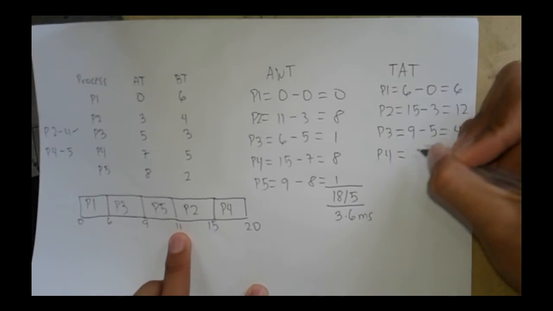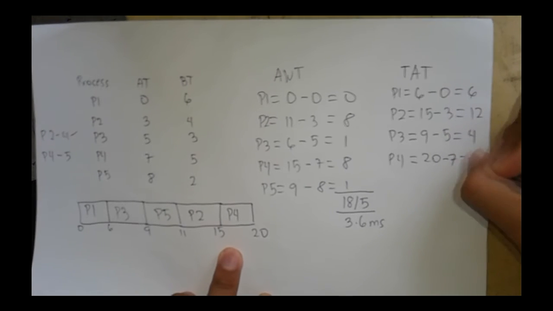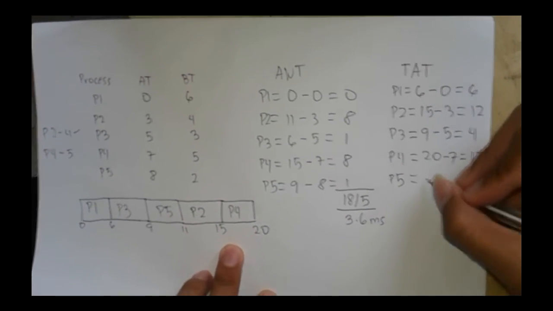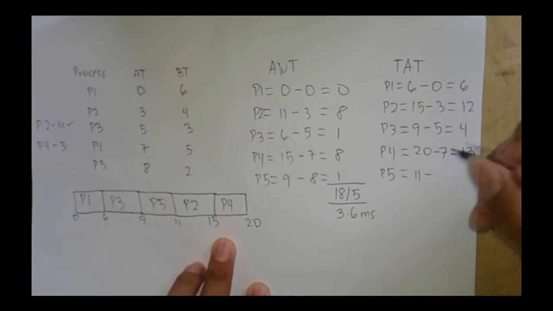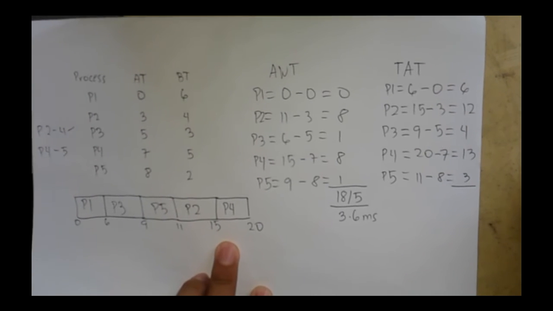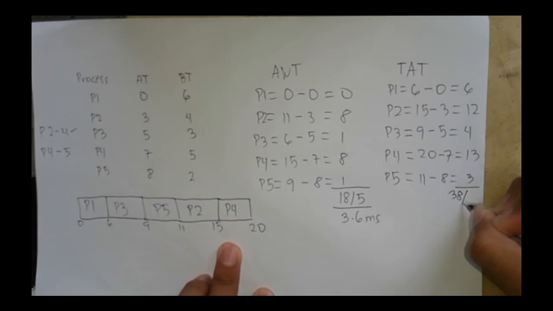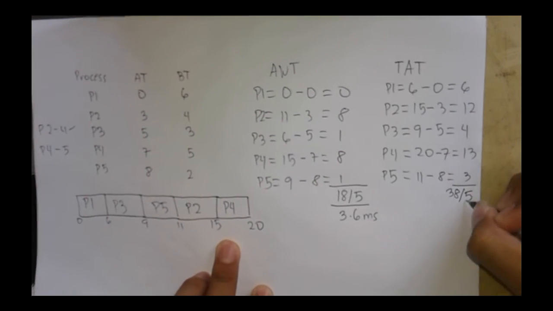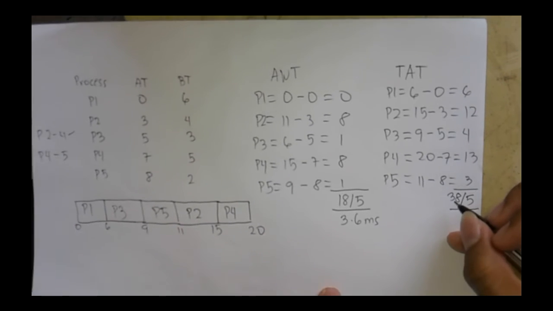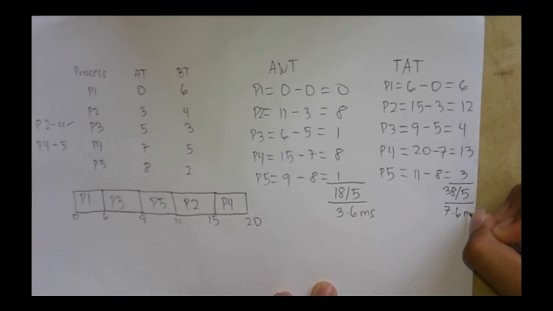And P4, finish at time 20 minus 7 equals 13. And P5, finish at time 11 minus arrival time of 8. So we have 38. Divide by the number of processes, which is 5. Then the average turnaround time is 7.6 ms.